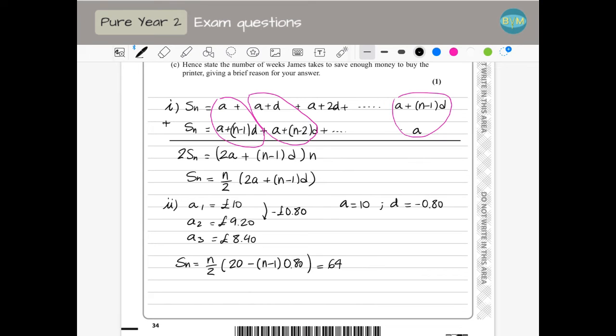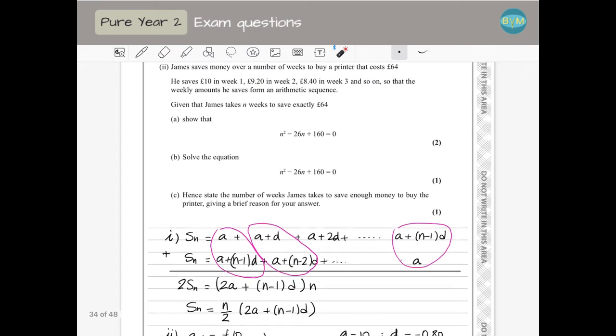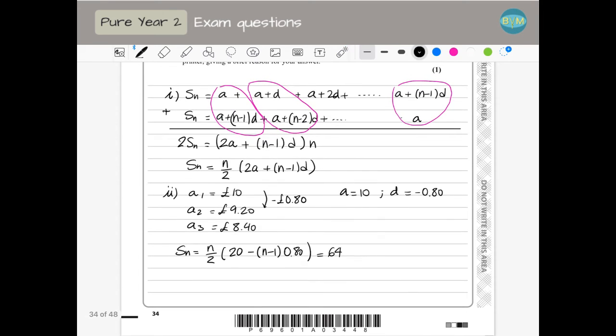So I'm going to expand brackets and multiply by 2 and everything, and I'm going to get the expression that they asked me to prove, which is a quadratic. So let me show you. If I multiply everything by 2, and I expand these brackets, I multiply n by 20 and by this, I have 20n minus 0.80n times (n minus 1).